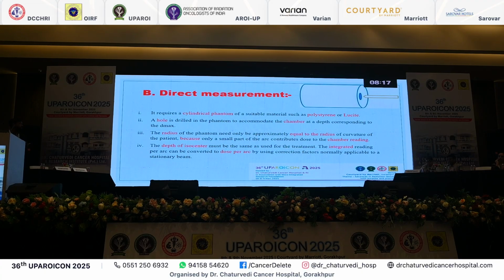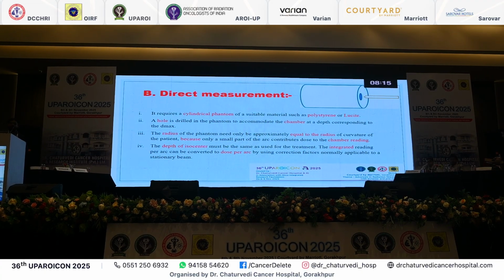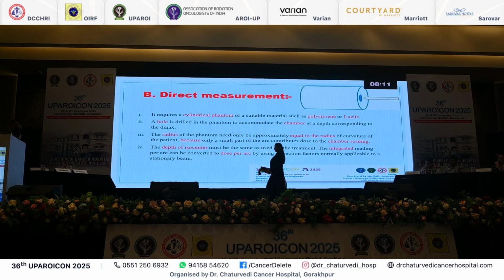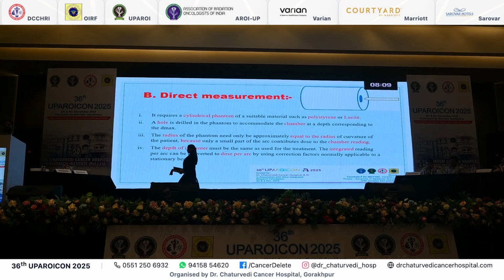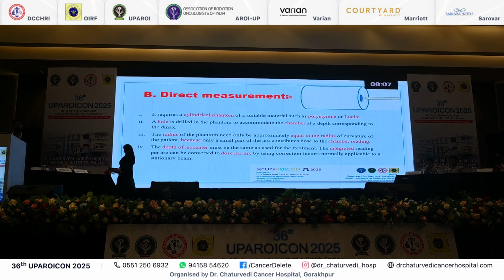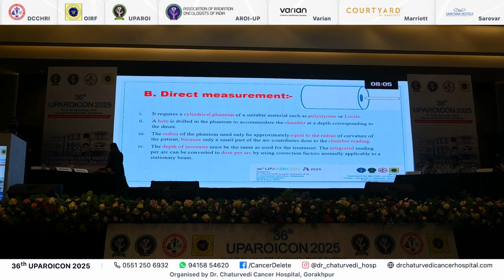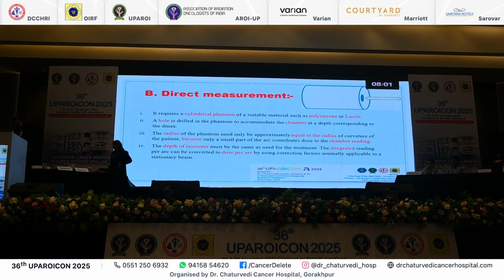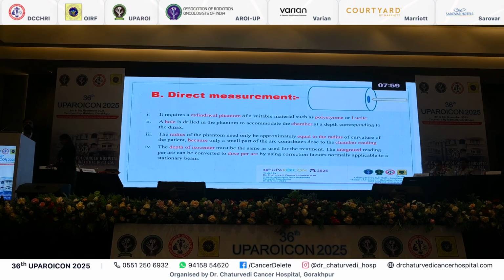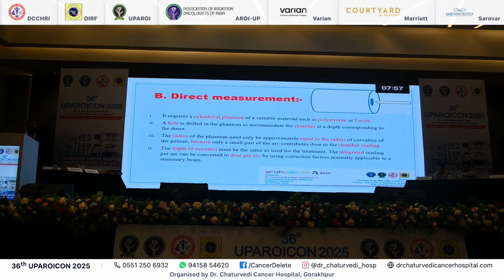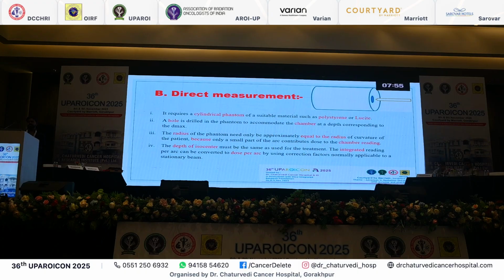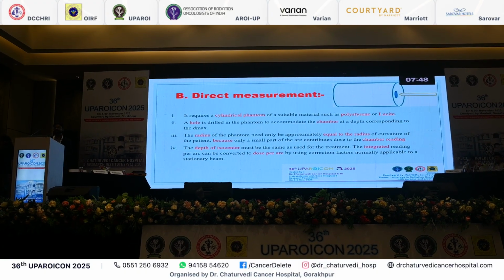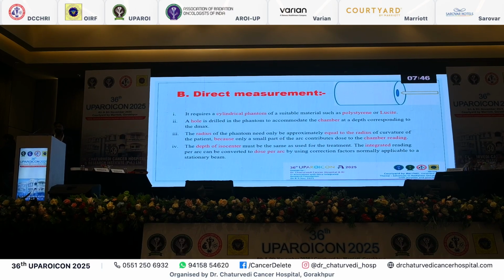This is the cylindrical phantom, named the Alderson Rando phantom. It requires a cylindrical phantom of suitable material such as polystyrene or Lucite. A hole is drilled in the phantom to accommodate the chamber at the depth corresponding to Dmax. The radius of curvature of the phantom needs to be present because only a small part of the contribution goes to the chamber reading.